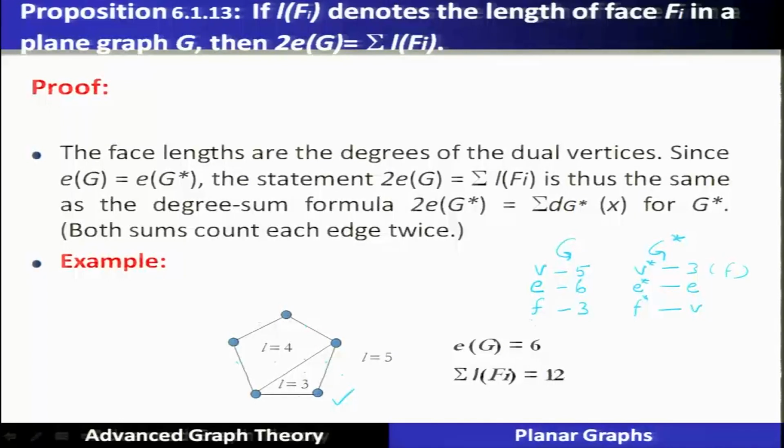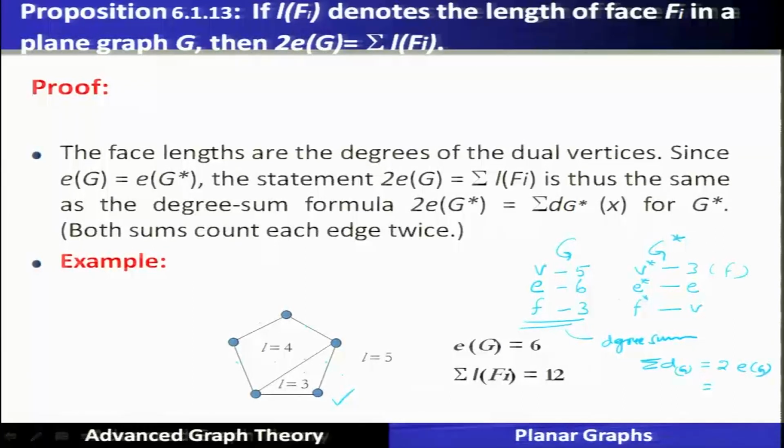So in the original graph, you know that the degree sum formula is applicable. That degree sum formula says that the sum of degrees of that particular graph is nothing but 2 times the edges of the graph.